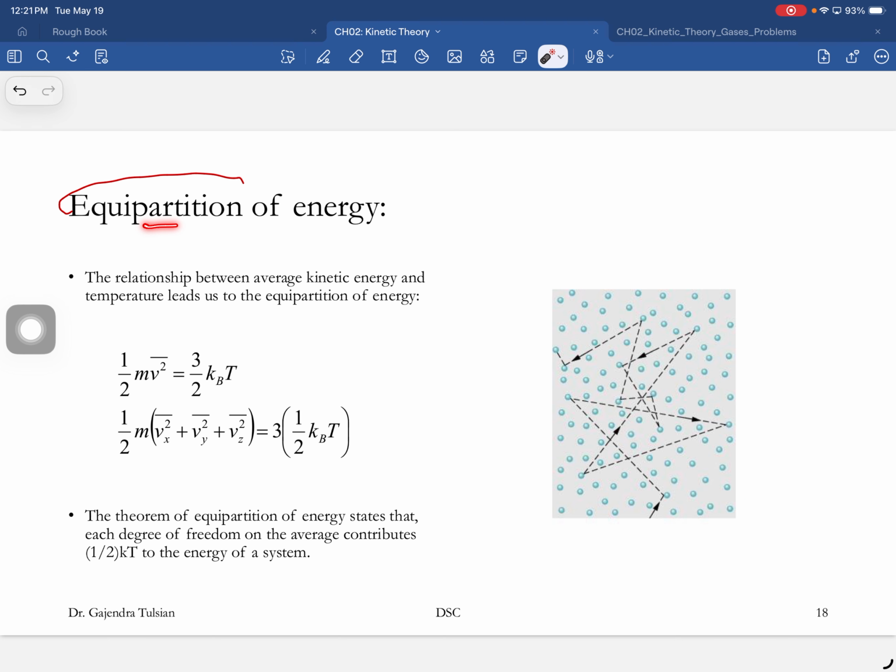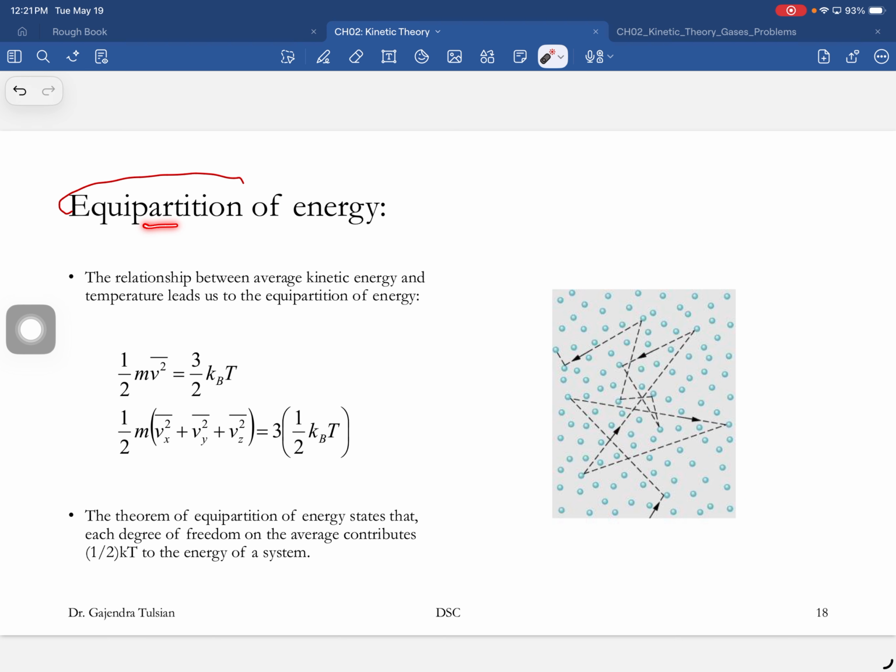Let me calculate the total energy of this system and the number of particles. Each particle has F degrees of freedom. Each degree of freedom contributes how much energy to the system? 1/2 kT. See, even I can calculate the total energy of this system.